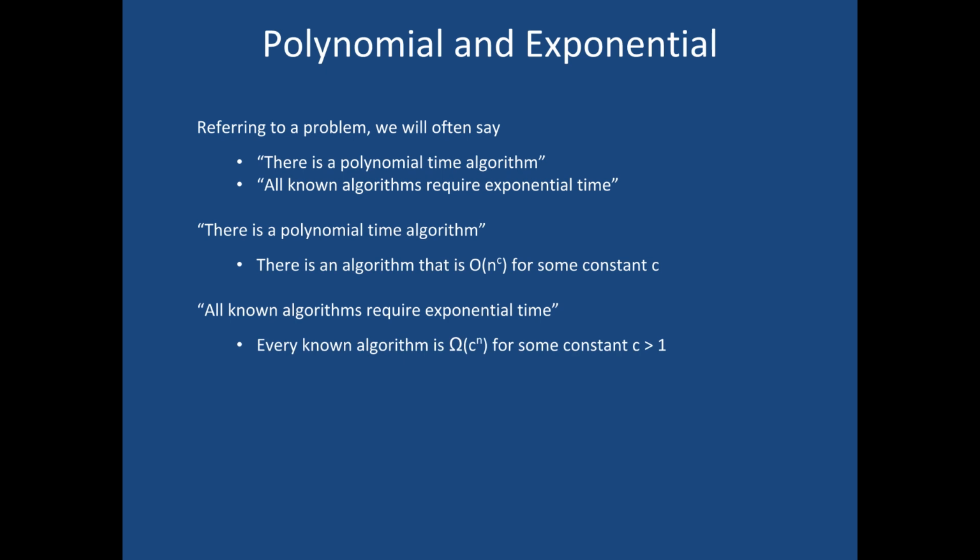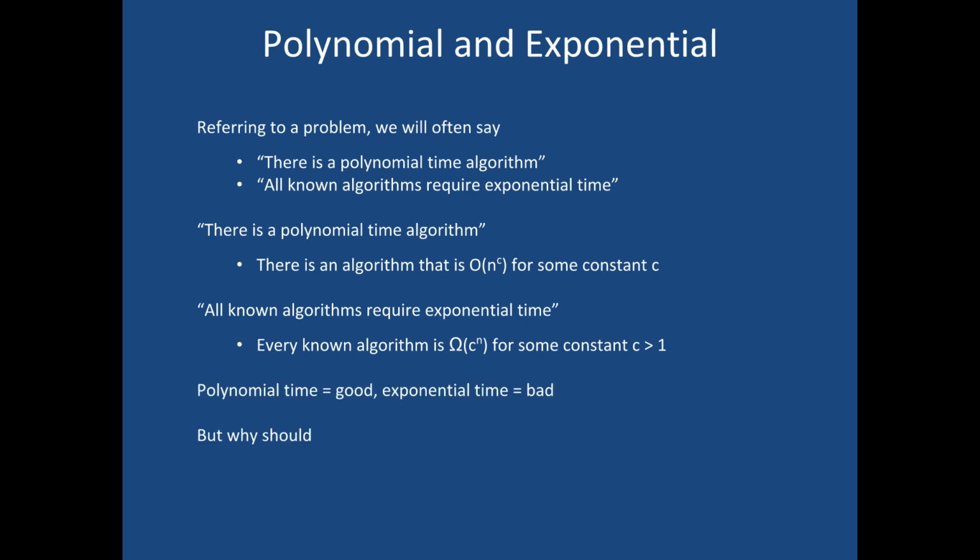So this says in all cases run in time bounded by a polynomial. This is saying that the lower bound, the worst case at least, is going to require exponential time, where c can be any constant greater than 1, and n is the size of the problem. So you'll see this replayed again and again. We'll just think of polynomial time as good and exponential time as bad.